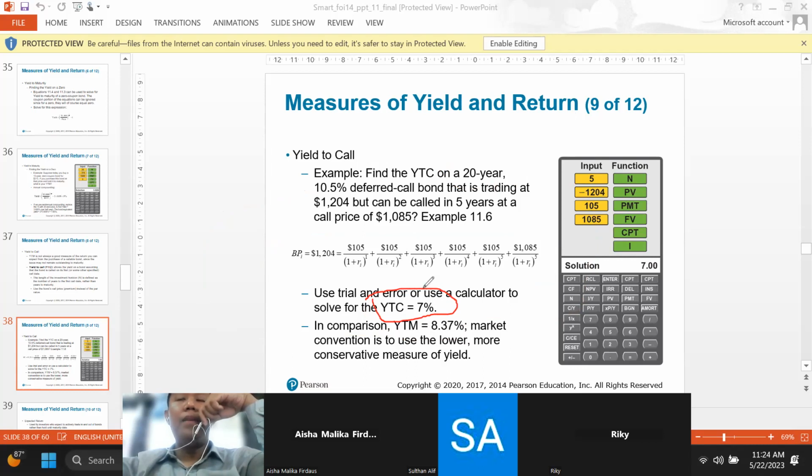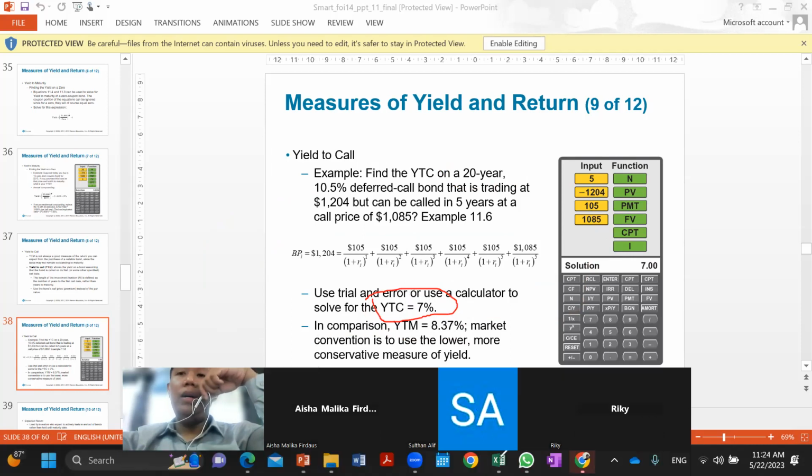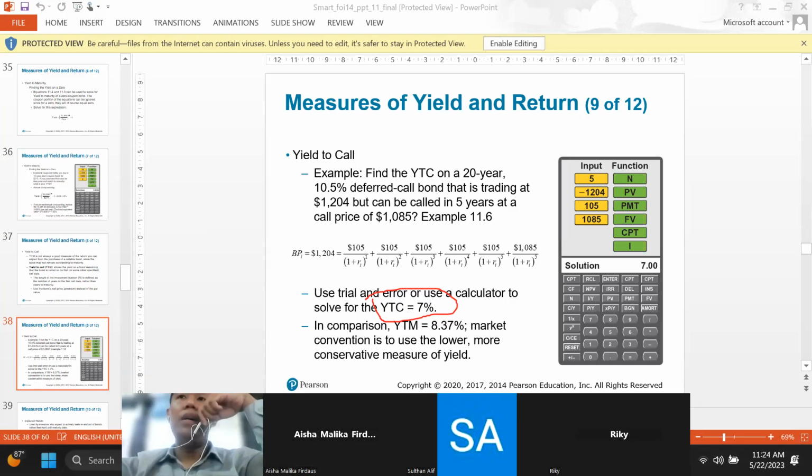So it's simple. We can calculate the yield to call by the same function that we use to calculate the yield to maturity. But remember, the maturity is only 5 years because they have the call feature in year 5.